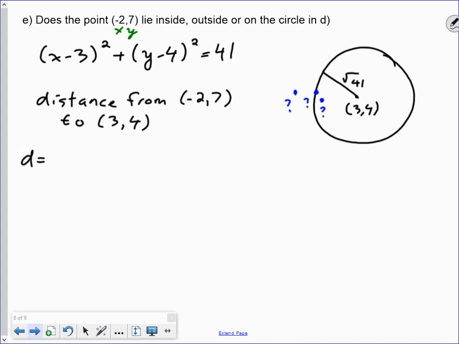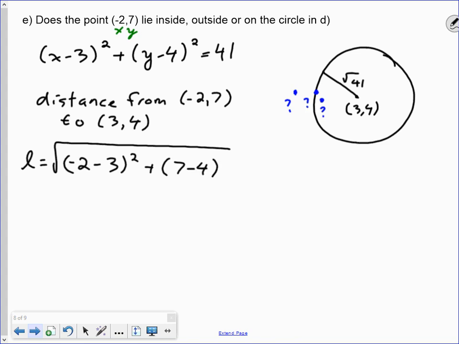Well, that distance, or the length of the line segment joining those 2 points, is going to be the square root of, and let's just sub this stuff in here. Our x is going to be negative 2. Let's do negative 2 minus 3 squared plus 7 minus 4 squared.